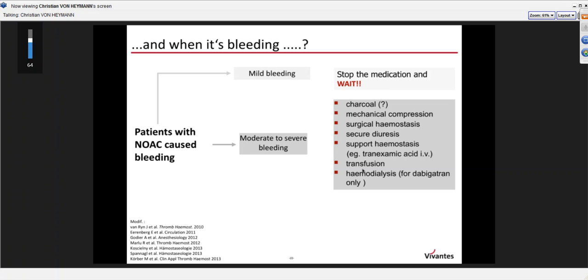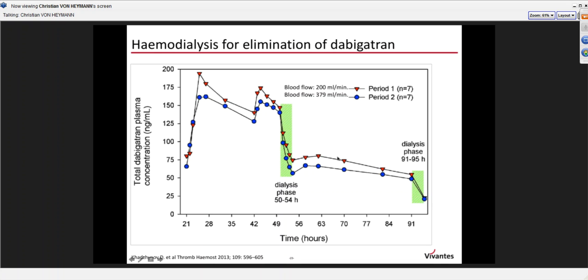This is not true for the factor Xa inhibitors, which have a fairly high protein binding of 85 to 95%, but the dabigatran has a protein binding of 32%. And this is shown by this trial in hemodialysis patients who were treated with the dabigatran.